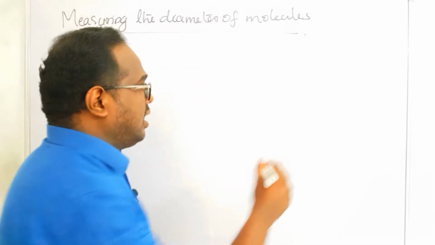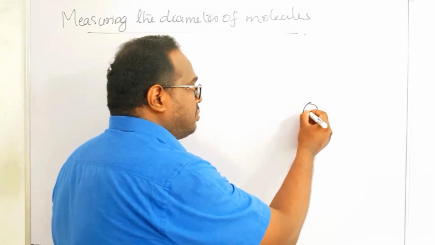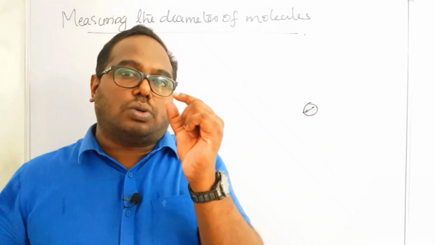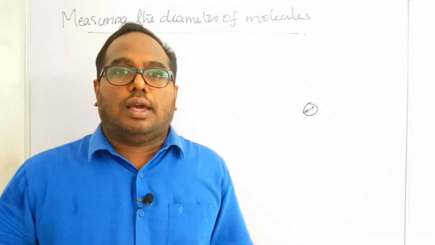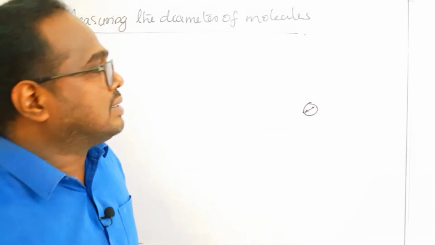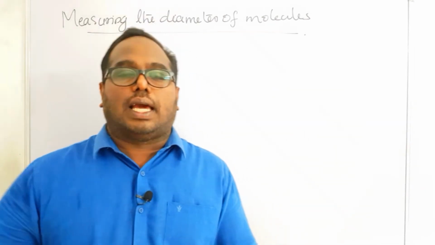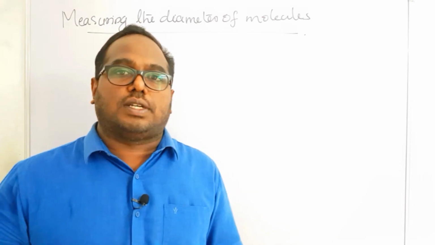If suppose this is an enlarged view of a diameter of a molecule, we have to measure the distance between these 2 points, right? Because this size of the molecule is so small such that we cannot reach these 2 points. Here we use the indirect methods, that is our logic and some mathematical calculation to find out the diameter of a molecule of a substance.